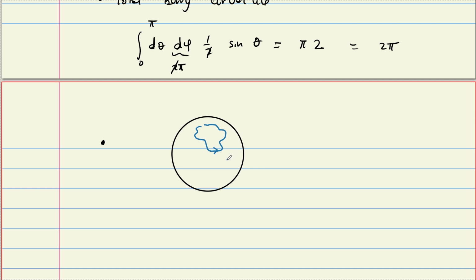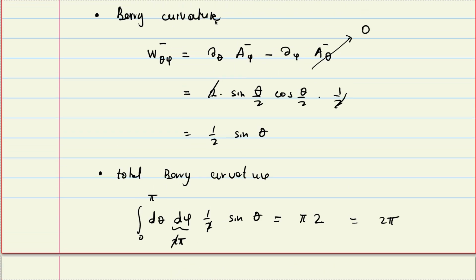In that case, this gamma minus is also very easy to calculate. This is going to be dr dot A minus, and it is going to be this area, this S dot omega theta phi minus, and we calculated omega theta phi minus.